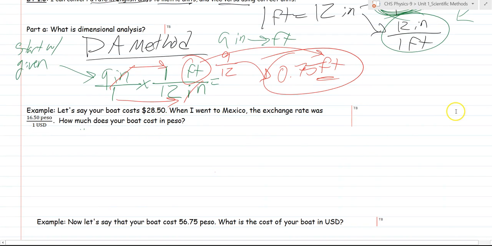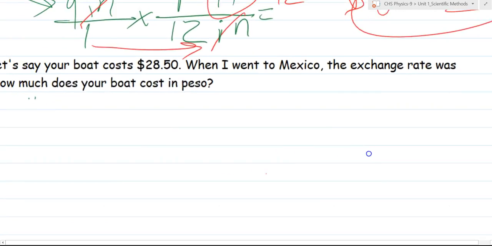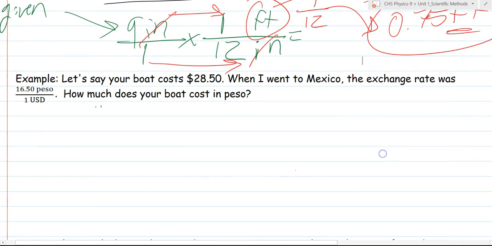All right, let's see that as an example for stuff that we did in class. So we're looking to convert this cost here from US dollars to pesos. In this problem, I said it's $16.50 or 650 peso for every 1 US dollar.